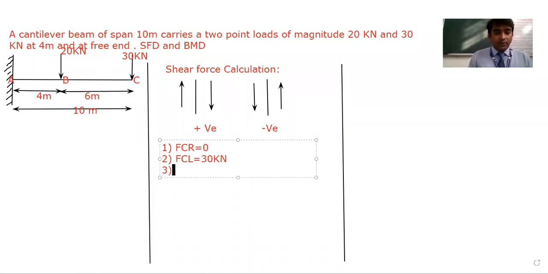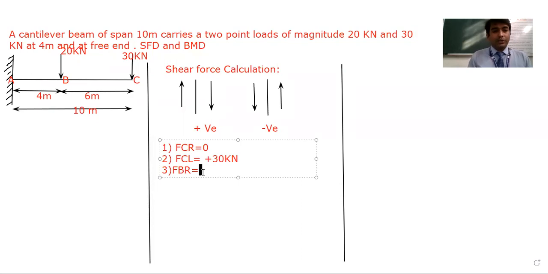Third one, shear force at B right side, that will be exactly what was previously calculated, 30 kilonewton. Previously we are going from right to the left side of the sections.